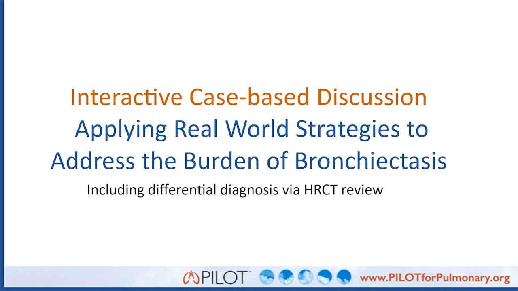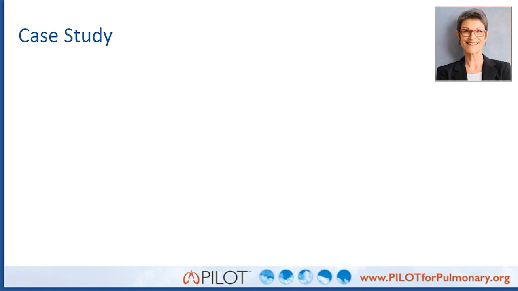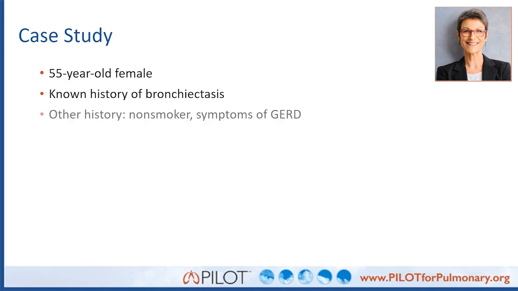Now we'd like to engage you in an interactive case-based discussion, applying real-world strategies to address the burden of bronchiectasis. Let me present our case of a 55-year-old female with a known history of bronchiectasis. She is a non-smoker, but does describe symptoms of esophageal reflux.